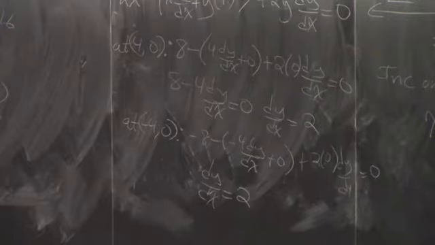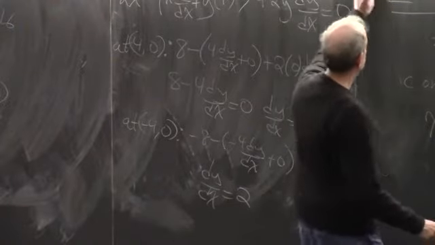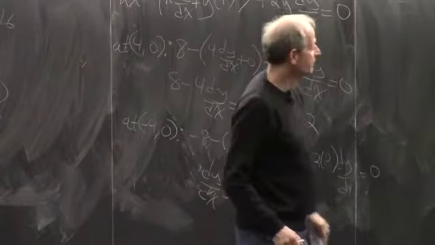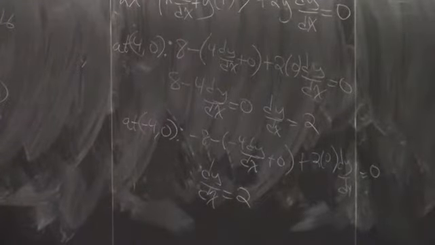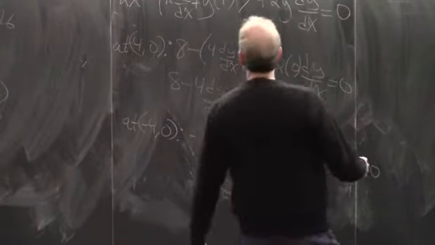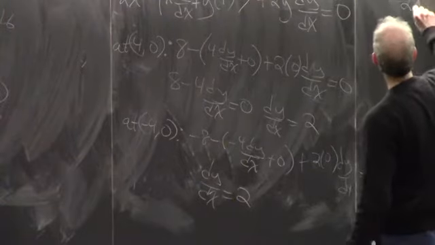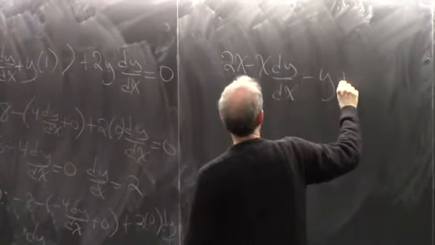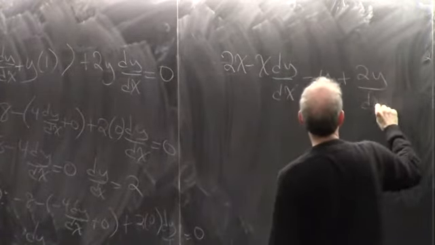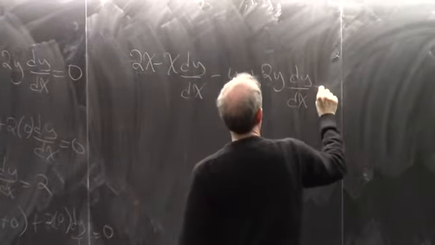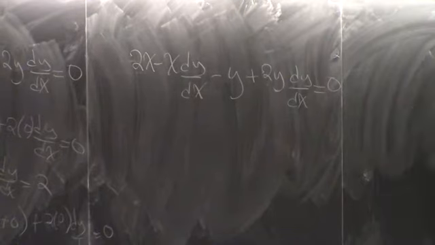Okay. Where is the tangent line to the curve horizontal? That is, where is dy/dx equal to 0? So now we're actually going to have to figure out what dy/dx is. Go back to the original equation. Simplify it. You get 2x minus x dy/dx minus y plus 2y dy/dx equals 0.